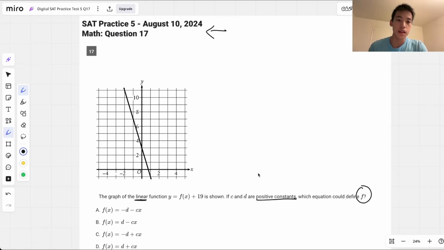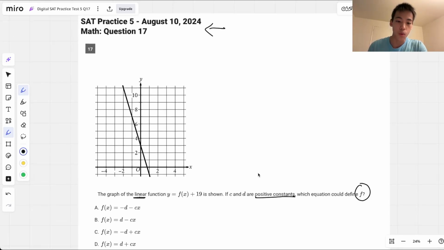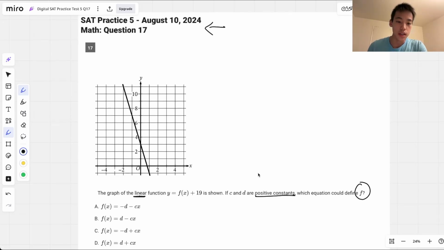Now, when I see an SAT math problem, I often think of a couple different approaches that I could go down through. And if one doesn't work, I could always try another one. So one maybe more straightforward approach is finding exactly what y is, because we're given the graph of y, and from this graph we could deduce the value of y.